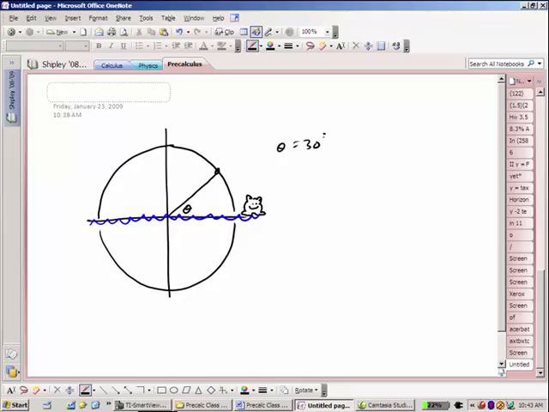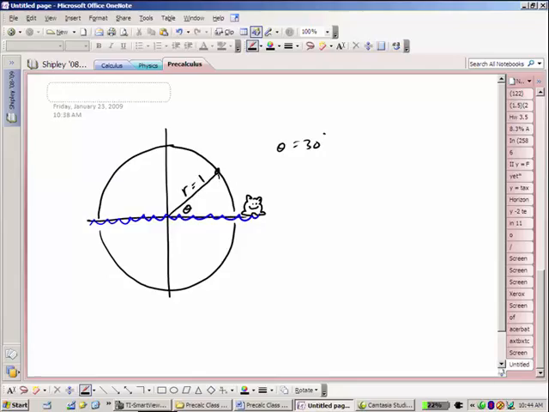Based on knowing that she's rotated 30 degrees, we can actually figure out how high she is. The thing that we need to know is the radius of the wheel. And we said in this case, to keep it simple, the radius would be 1. We can change that anytime you want, but for now, let's just say the radius is 1.